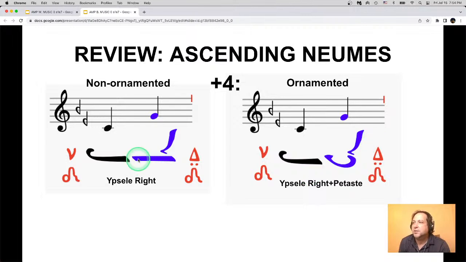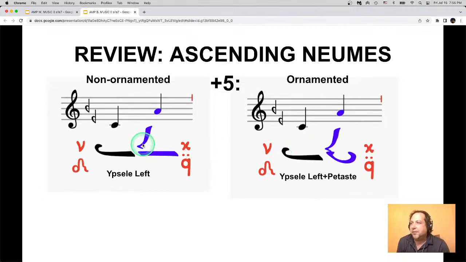This is an oligon with the ypsili on the right, or it's a petasti with it on the right as well. The petasti pretty much always indicates that the note will be ornamented. +5, ypsili left, on either a platform, oligon, or a petasti.